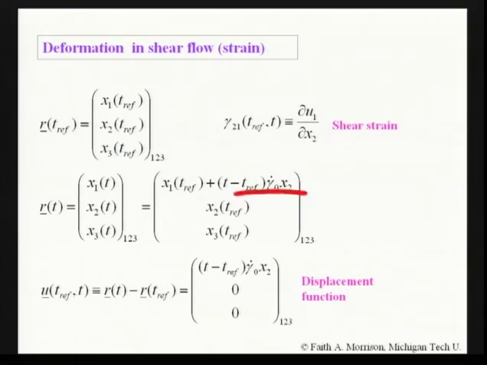It only moves in the one direction, so there's only a change in the one direction. The 2 component of the location and the 3 component do not change. Once we've written these 2 R's, we can subtract them. That's easy. We just subtract term by term. We get the displacement function, and we can take this derivative. There's U1. Its derivative with respect to x2 is just the stuff in front, and so that's the strain.